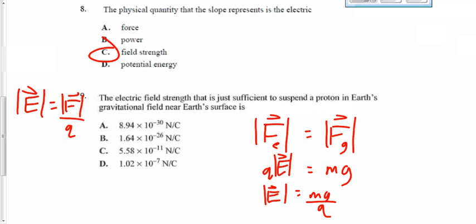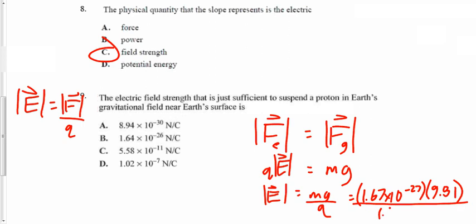So m, my mass here, is the mass of a proton, 1.67 times 10 to the minus 27, times 9.81, divided by the charge. Gives us a value of 1.02 times 10⁻⁷ meters per coulomb.